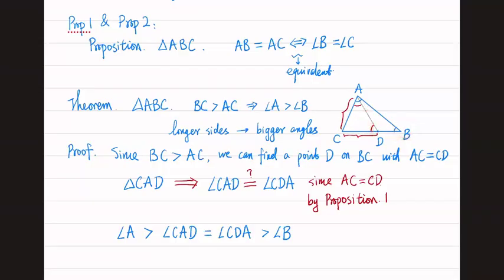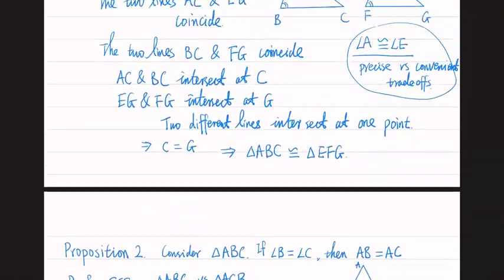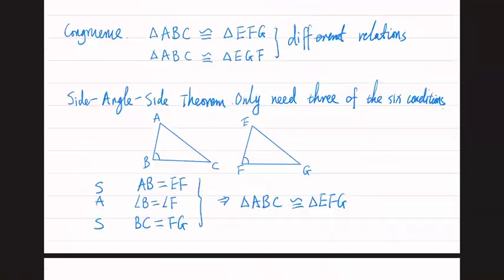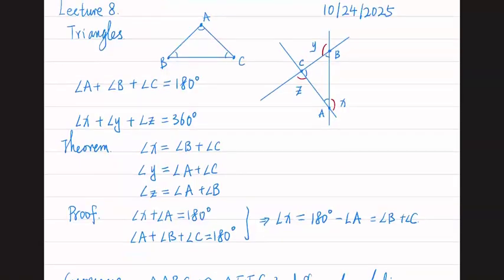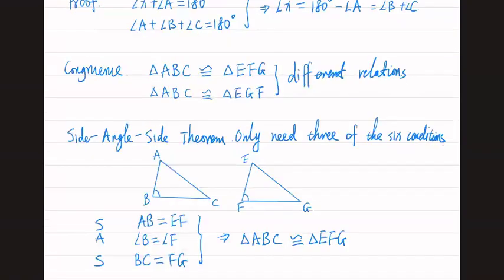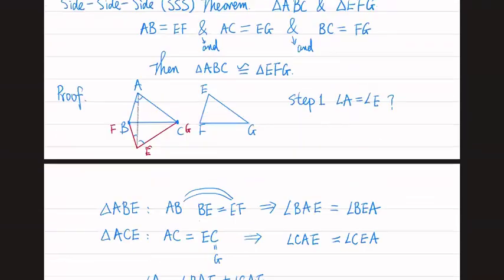Okay, I'm going back to the first theorem we learned this lecture: the exterior angle equals the sum of the two interior angles. Remember this? Okay, I'm going to apply this. Could we apply this theorem?